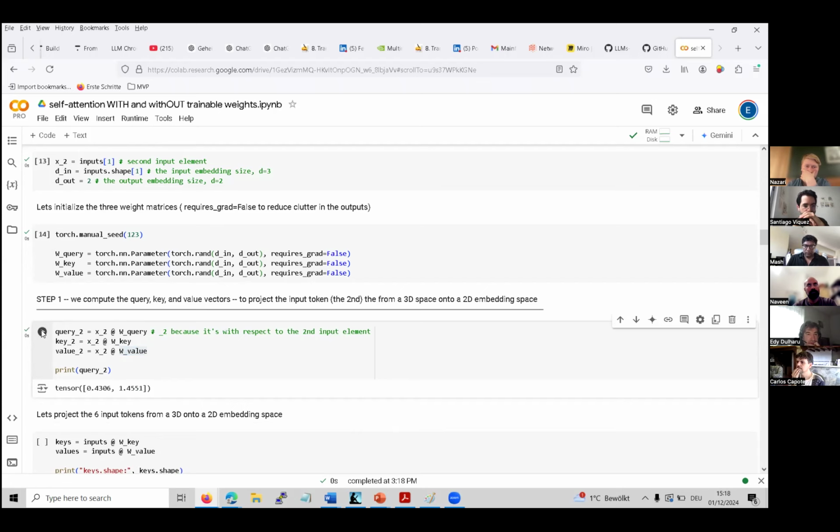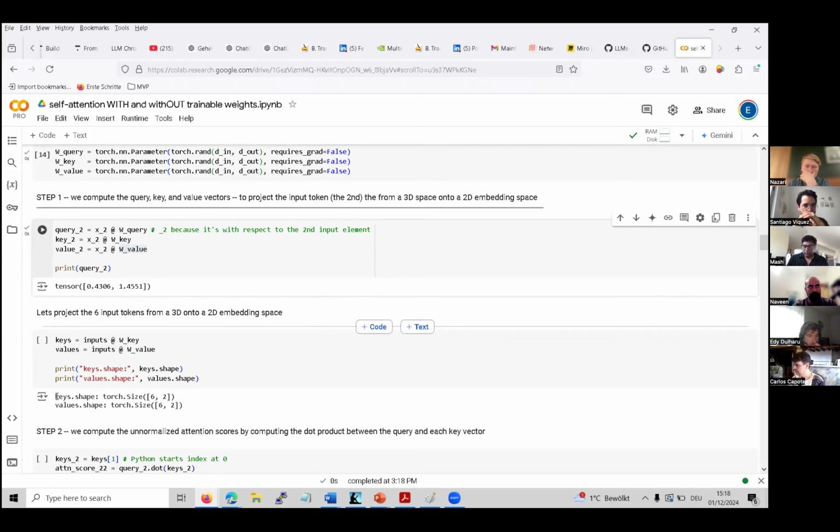Actually, I think one more thing here about this causal mechanism. Why is it important? I think I skipped this part.